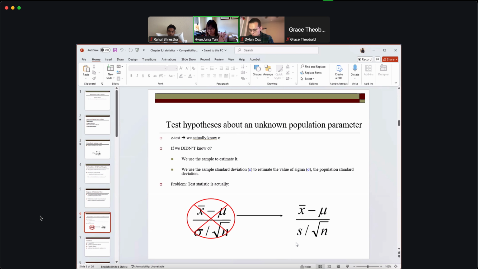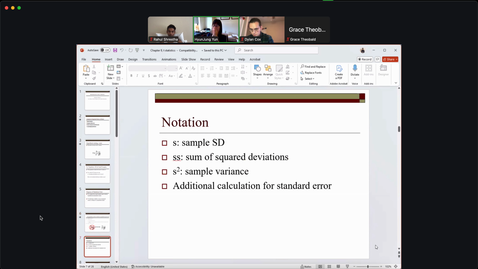They're the same. So there's only additional calculation to come up with the standard deviation from the sample. For this class, just stick with the textbook.